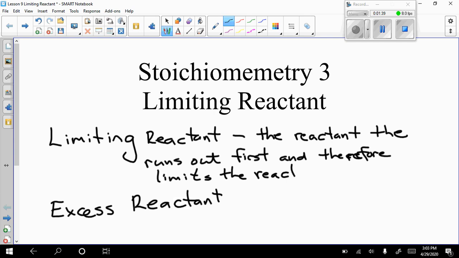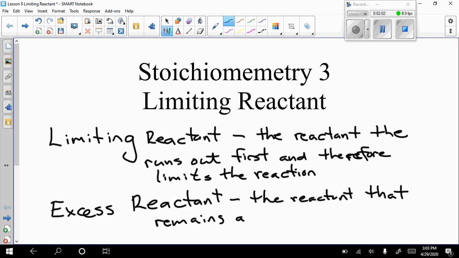So it's the one that stops us from the reaction continuing. So it's the reactant that runs out first. The excess reactant is the reactant that remains after the reaction is done.